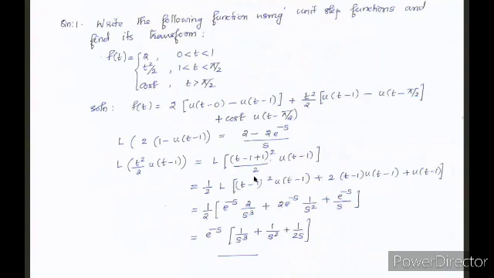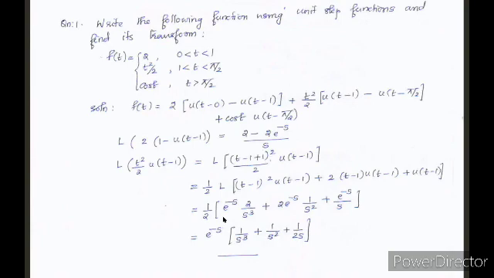That is a square, t minus 1 square into u of t minus 1, plus 2ab, 2 into t minus 1 into 1 into u of t minus 1, plus b square, that is 1 square into u of t minus 1.